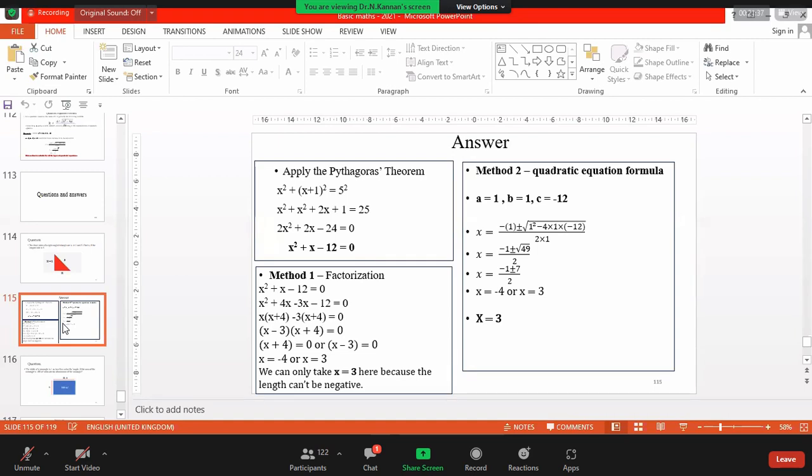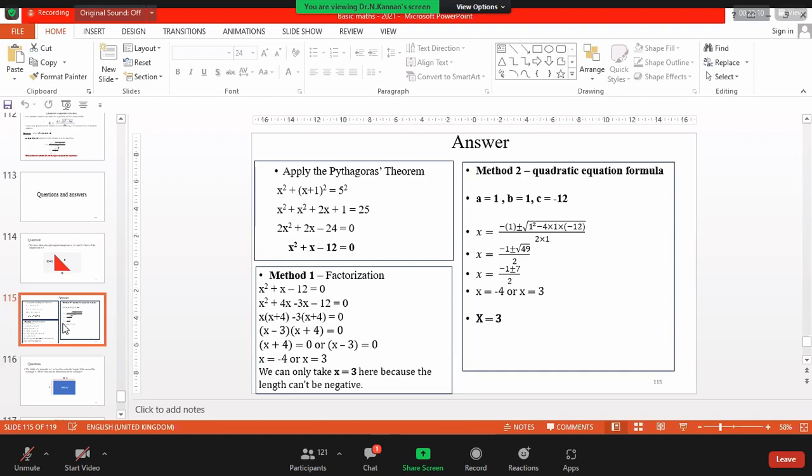So I divide the whole equation, and we get x plus 4 is equal to 0 or x minus 3 is equal to 0. So when I solve it, x is equal to minus 4 or x is equal to 3.